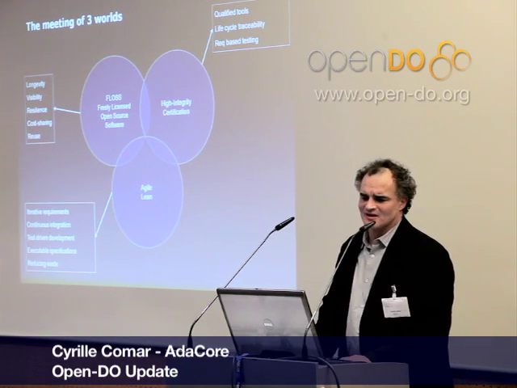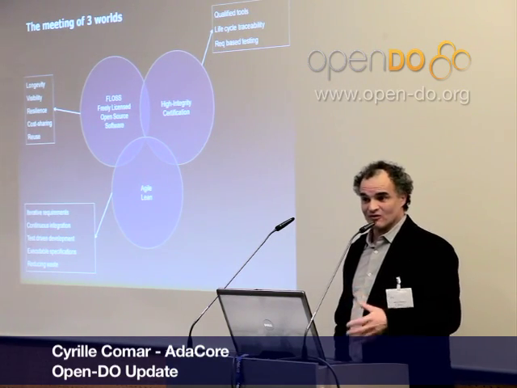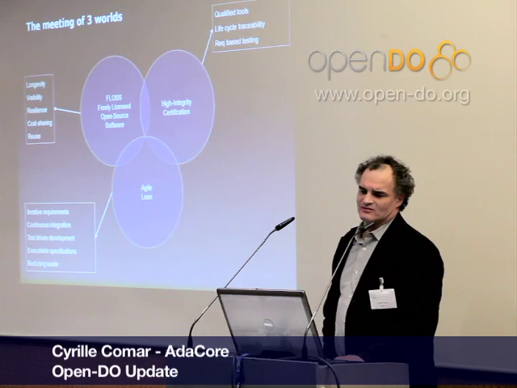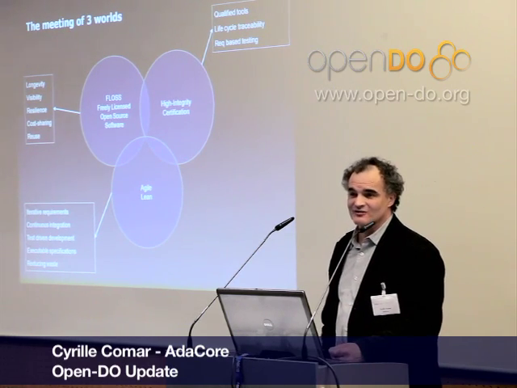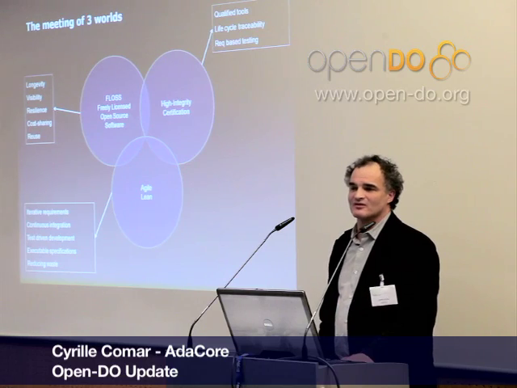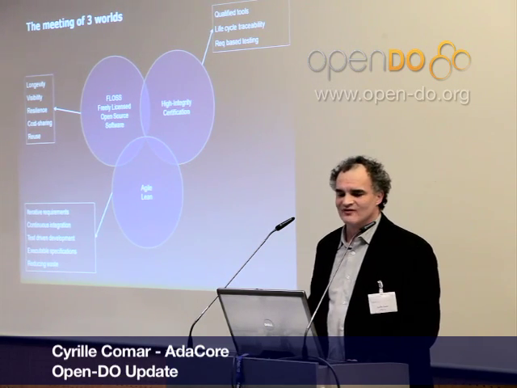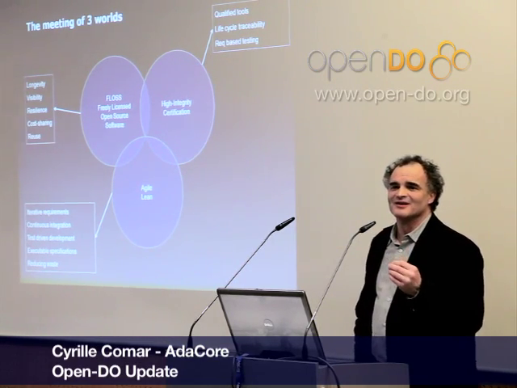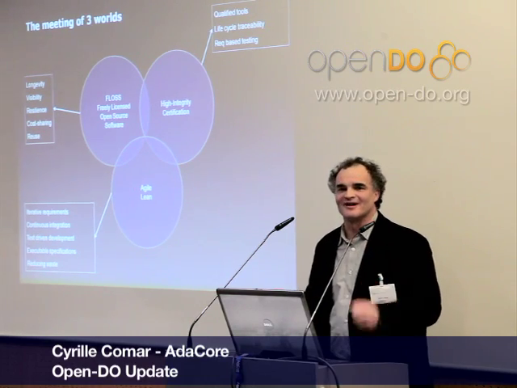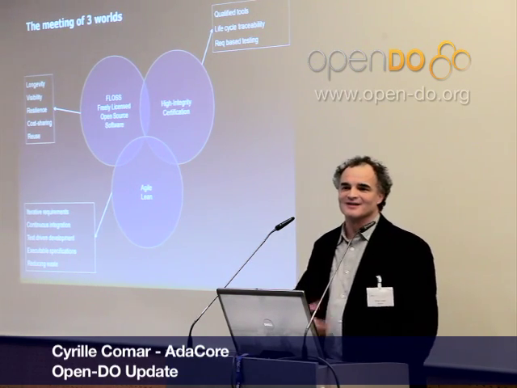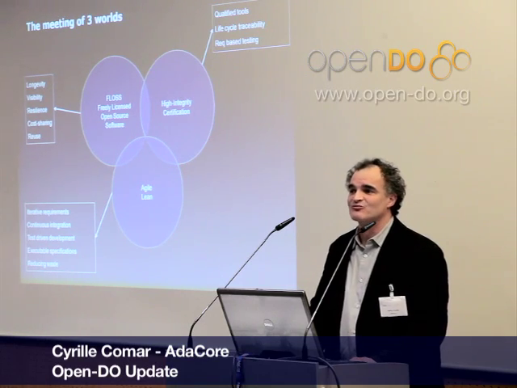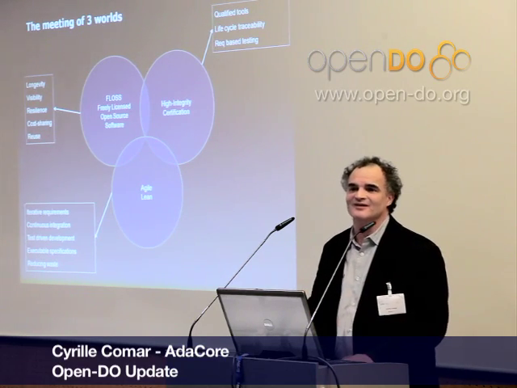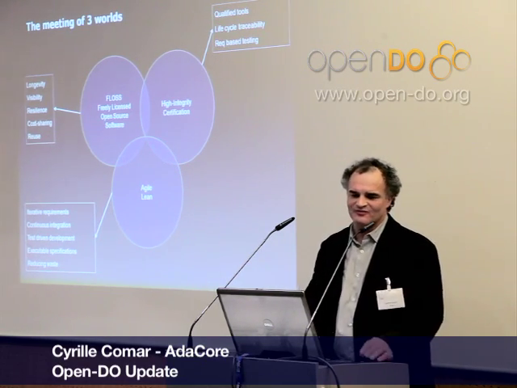So there is a lot of commonality here, and the idea was also to try to foster open source communities around those problematics so that people in the high integrity community can benefit from some of the known advantages of open source development. In particular, visibility was kind of obvious in the talk just before me, since you can see that the Tokeneer project, when it became open, acquired a lot of visibility, and that has made it possible to improve the quality of the software itself, because a lot of scrutiny from outside helped find problems that could not be found by the original team first.